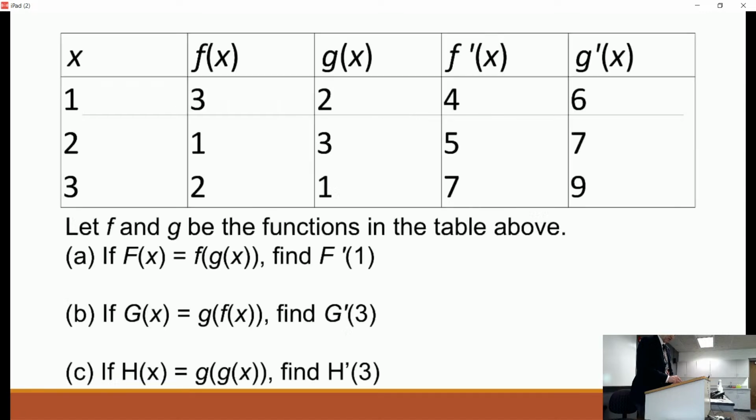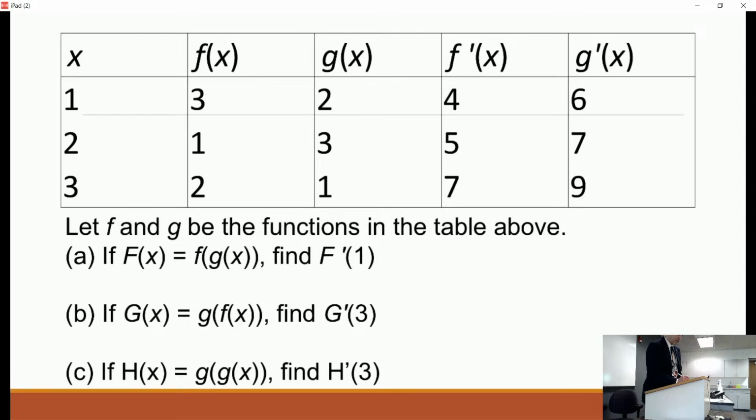Okay, one more thing to do, and that's this. We did something like this with the product rule and the quotient rule, so now this is the chain rule version. I want to find capital F prime of 1. Let me do this one for you.